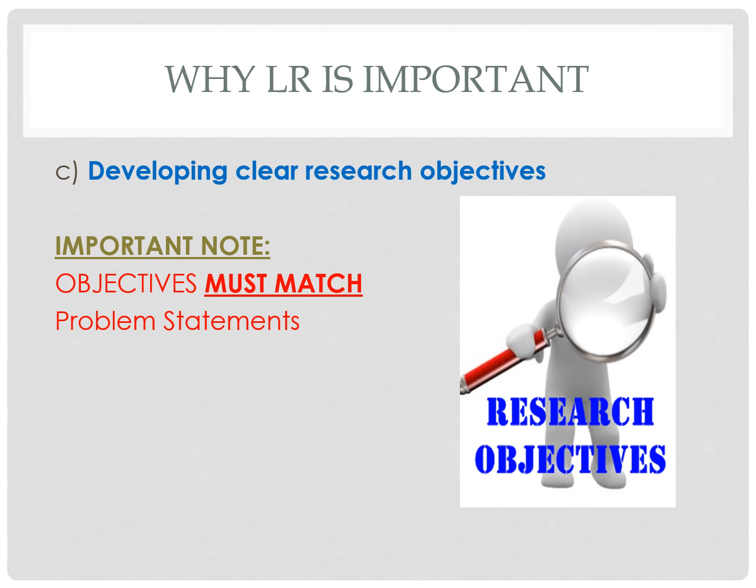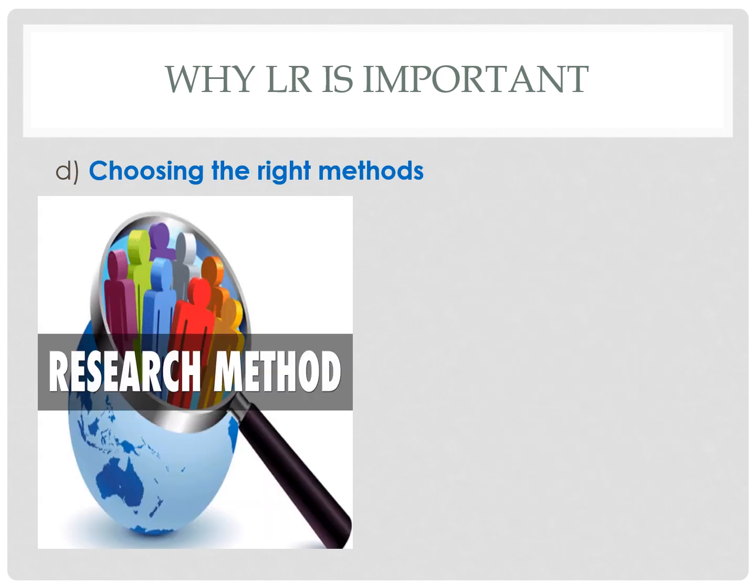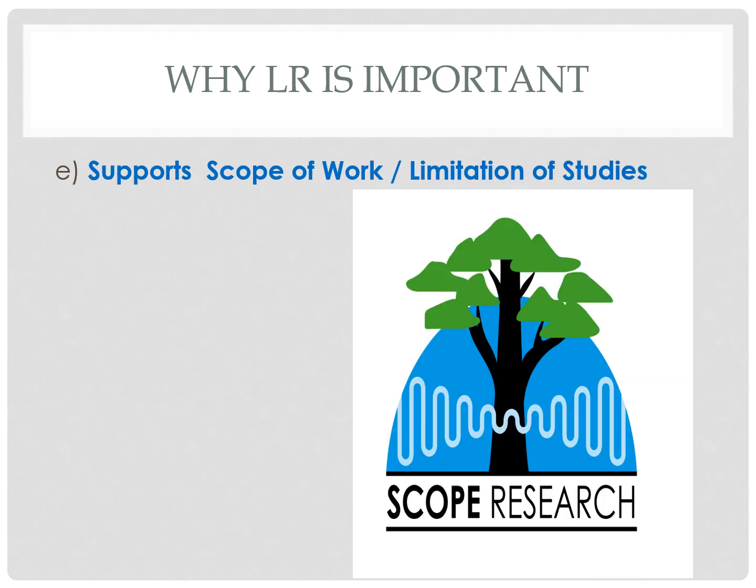It is very important that the objective match the problems that need to be solved. It will also help you to find the right method to achieve the objective and solve the problems. You can use your literature search to support your scope of work.